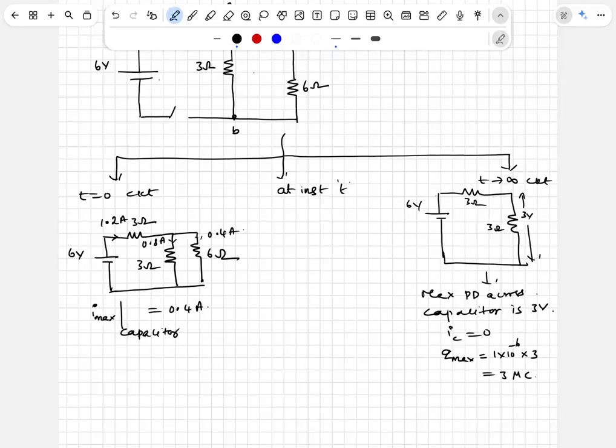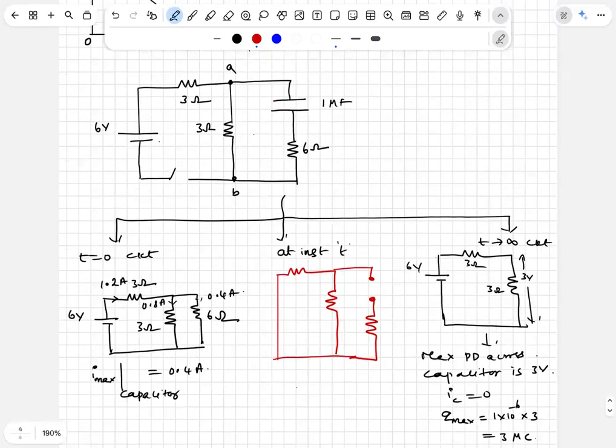Left one extreme, right one extreme. In between, remove the battery with the internal resistance. Fortunately, I have selected an ideal battery. This is across the capacitor.